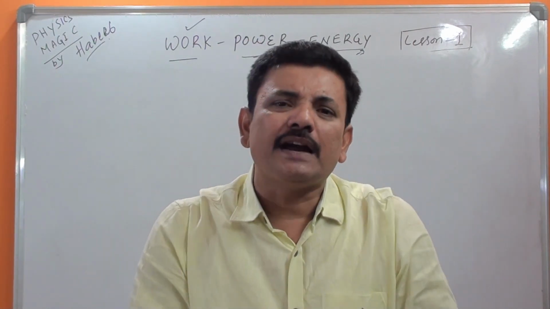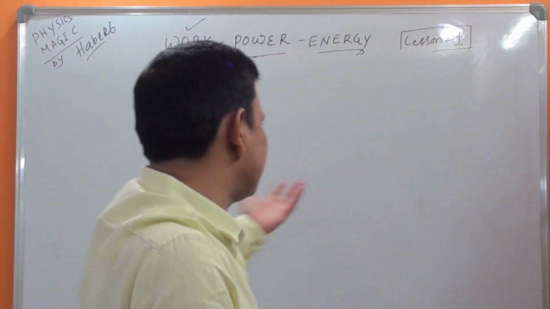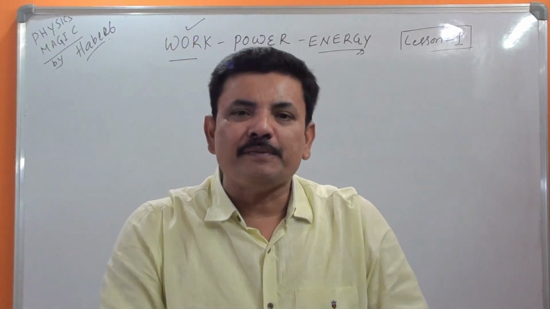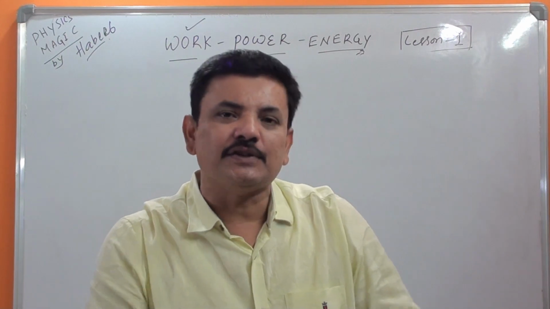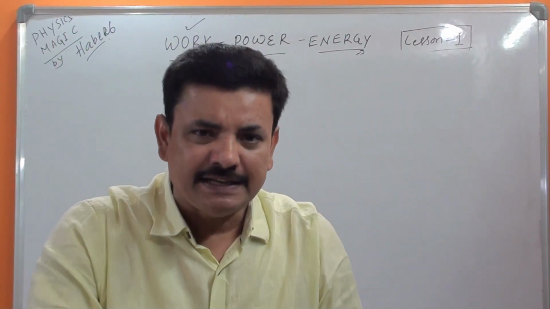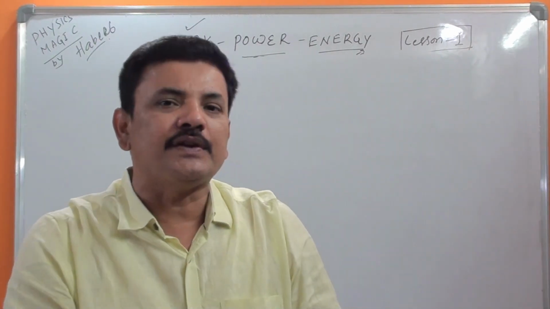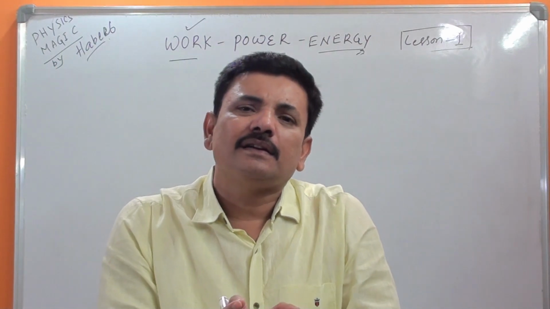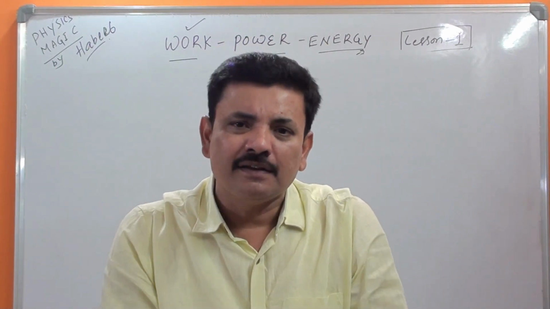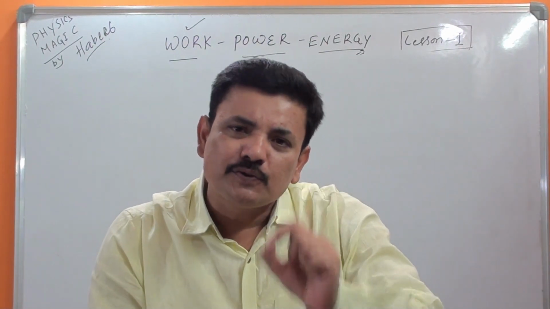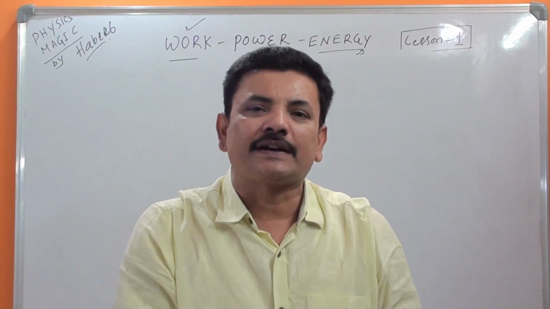In order to do that, first of all, we should know some basic information regarding energy. You are familiar with potential energy, kinetic energy, and the work energy theorem. The work energy theorem in detail we will discuss in near future in my next videos. But basically some basic fundamental questions also ask to find out the work done. In order to do those, we have to take the help of the work energy theorem.